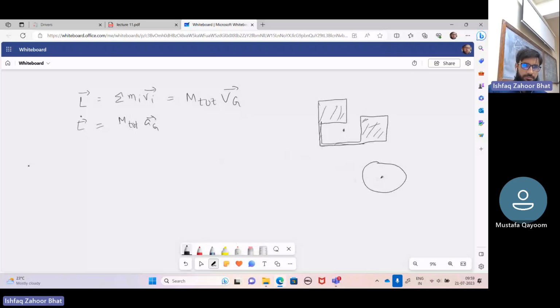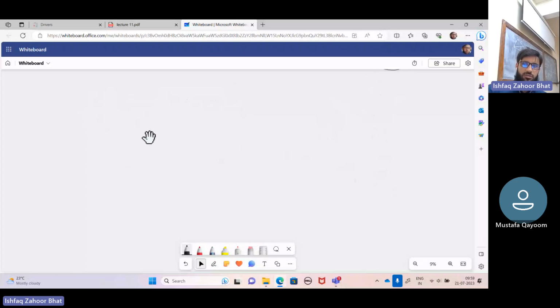Now the linear part is easy, but let's go to the angular part. I'm not saying it is difficult, but you have to pay some attention. So, angular momentum.